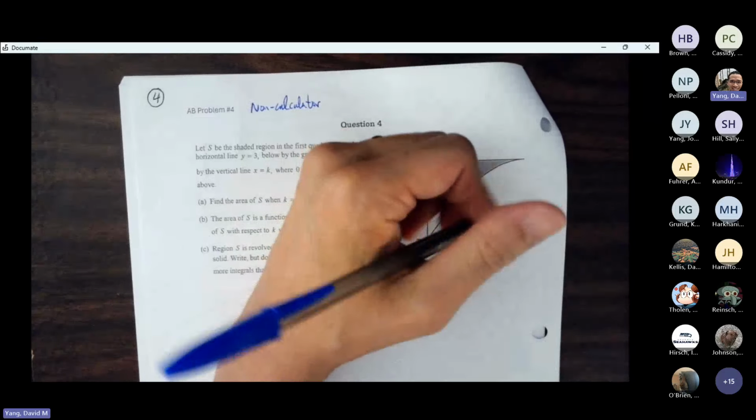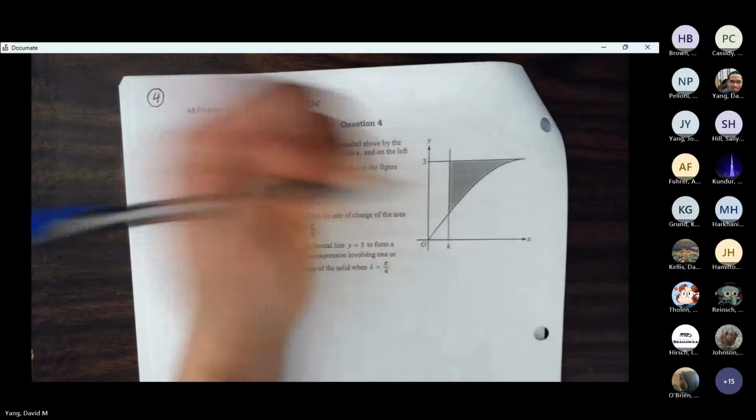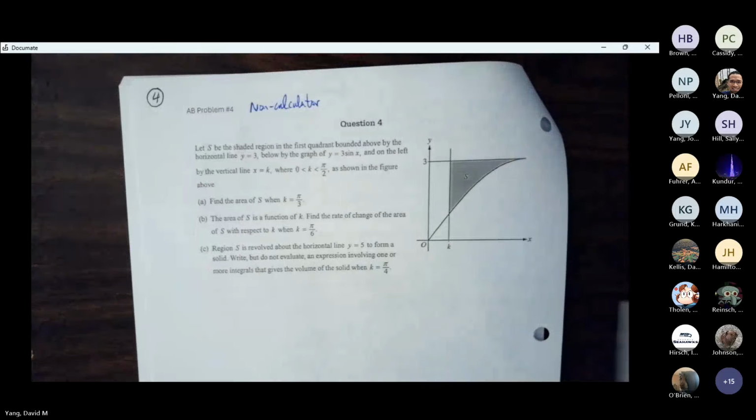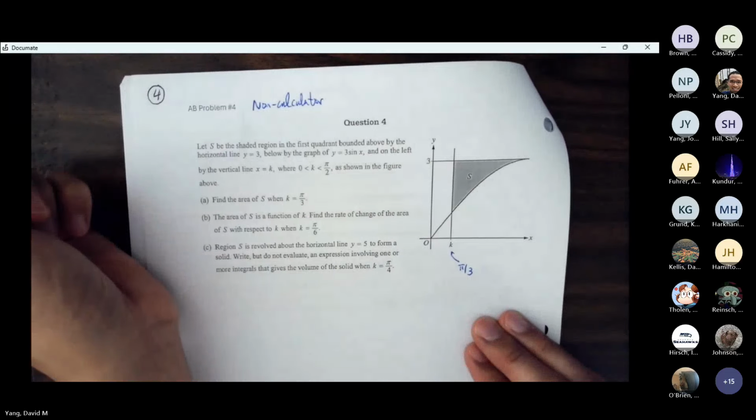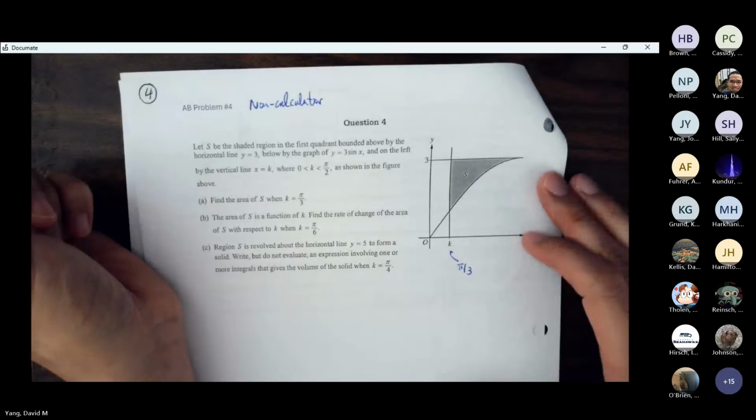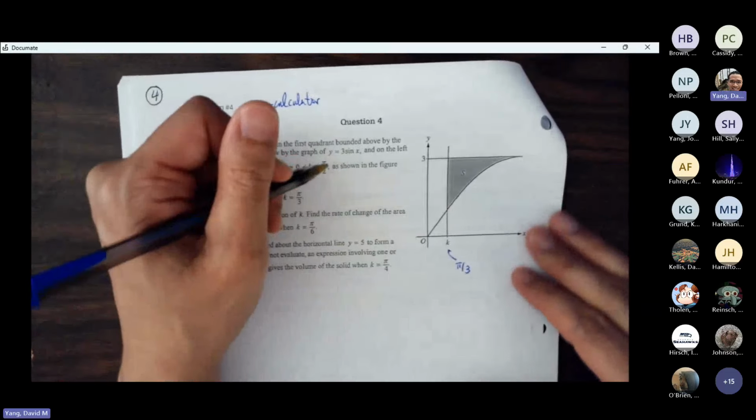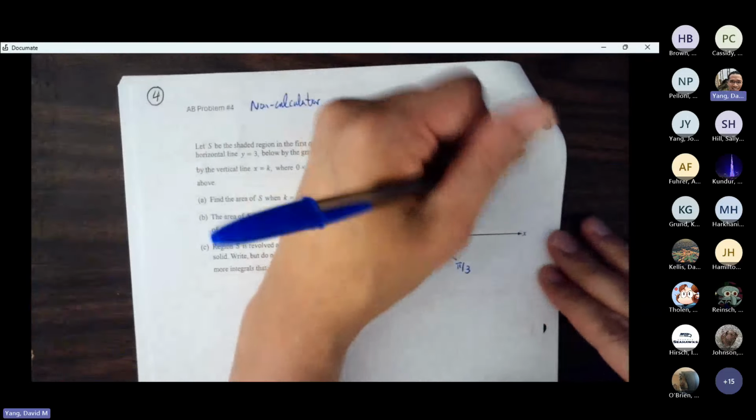So now I want this to be pi over 3. And we're going all the way to pi over 2.